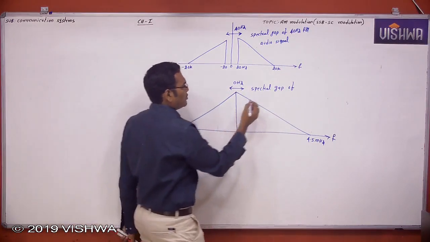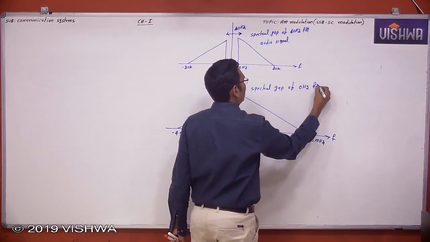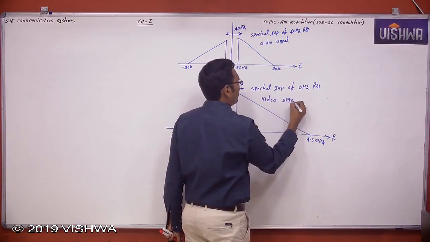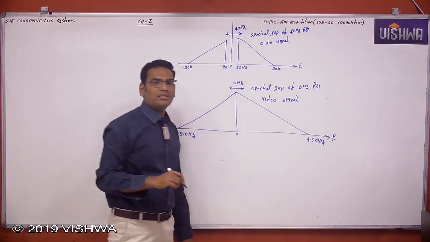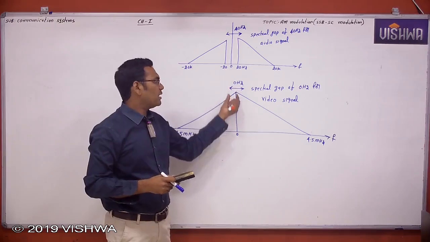See here. Now the spectral gap is 0 Hz for video signal. I hope you understand the importance of spectral gap after completion of SSB-SC. Okay. So when the spectral gap is very less, here the gap is 0.